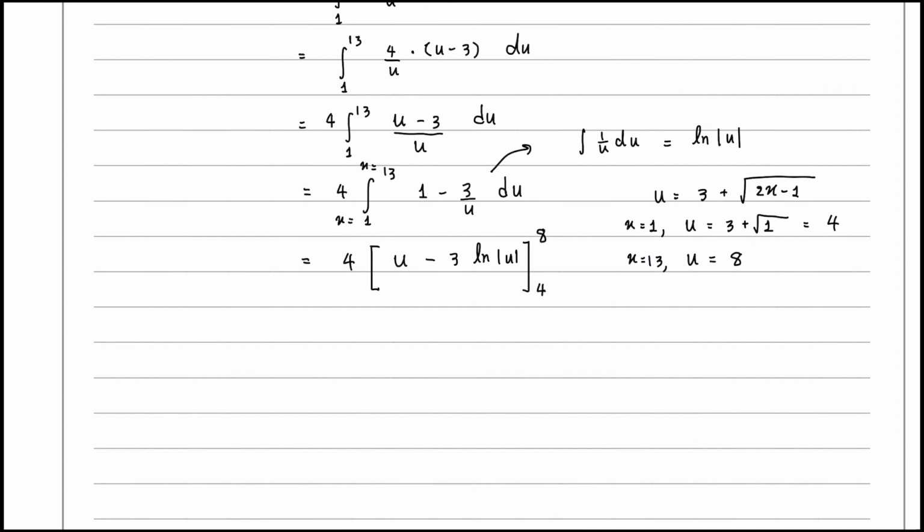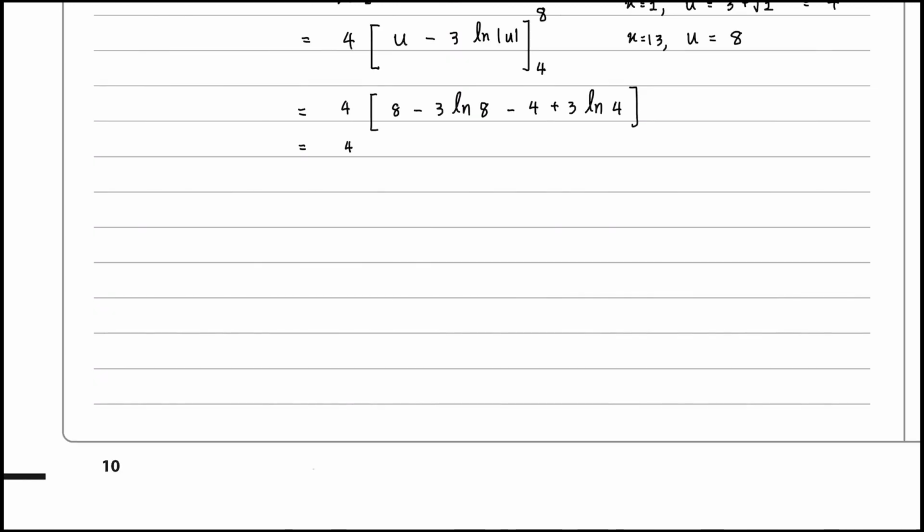And then we can substitute the upper and lower limits back in here, which is 4 times (8 minus 3 ln 8 minus 4 plus 3 ln 4). And then we simplify the terms inside the brackets. It will be 4 plus 3 times (ln 4 minus ln 8), which is 4 times (4 plus 3 ln (4 over 8)).